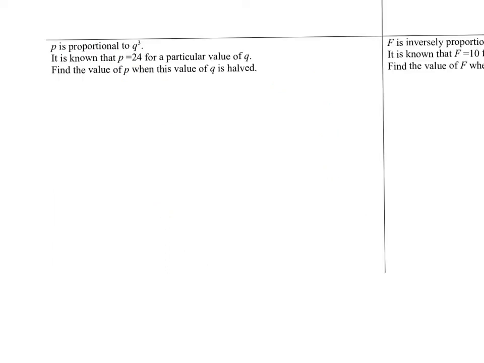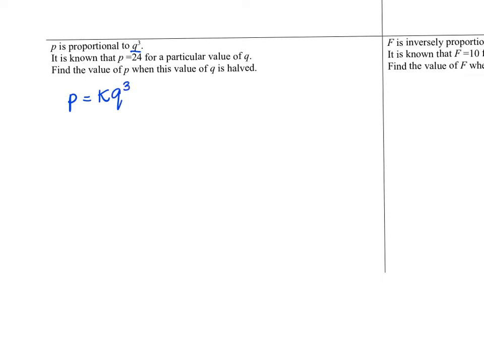Next one over here, p is proportional to q cubed. So we know that p equals 24 for a particular value of q. This problem starts here. So I'm going to first write down the equation. Directly proportional, so it'll be p equals k times q cubed.